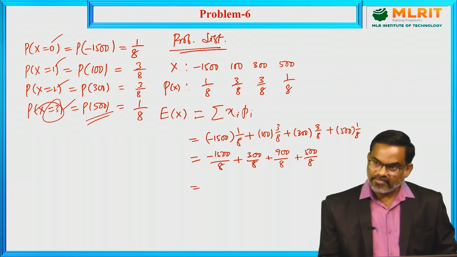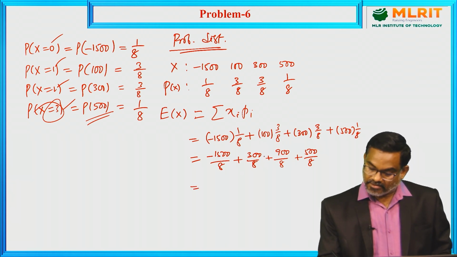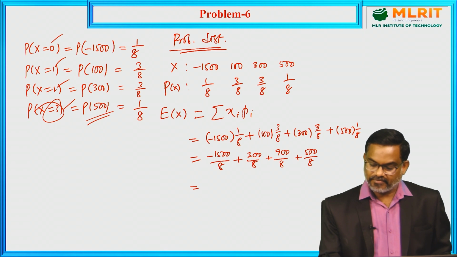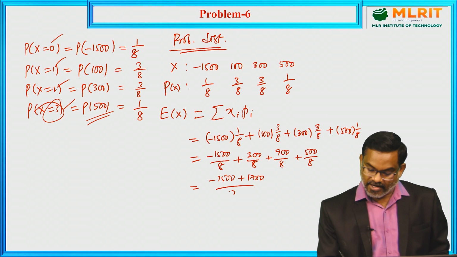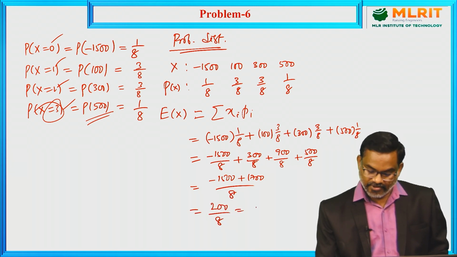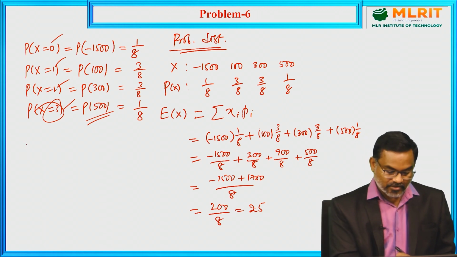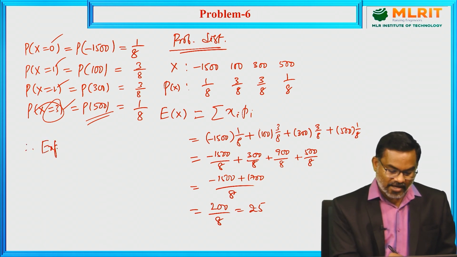After simplifying, 3 plus 9 is 12, 12 plus 5 is 17. So minus 1500 plus 1700 by 8, which results in 200 by 8, which is 25. Therefore, the expected value of the game is 25.